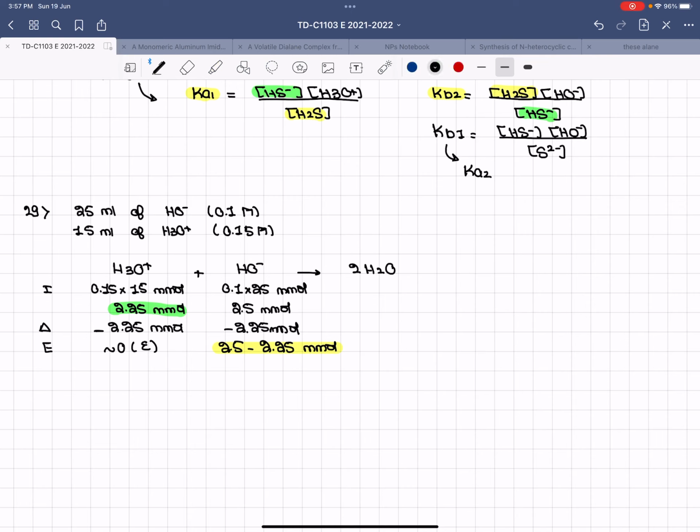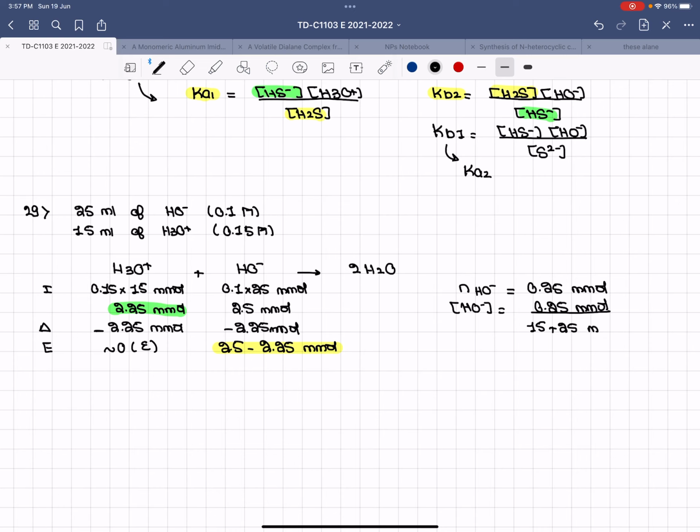What is the value of the base? The number of moles of HO minus is equal to 2.5 minus 2.25, which is 0.25 millimole. The concentration of HO minus is basically the number of moles, mole per liter, 0.25 millimole divided by, take milli with milli, okay, 15 plus 25 milliliters.